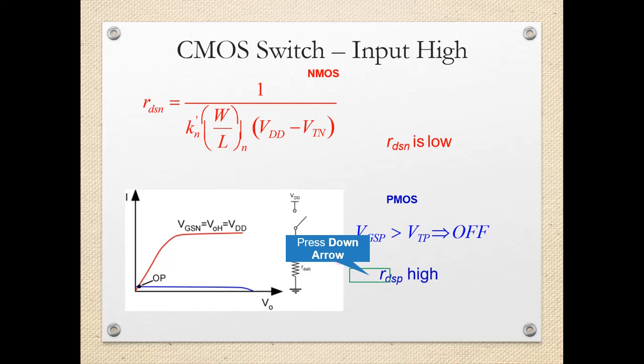NMOS is replaced with its internal resistance, that is very low, RDSN, the drain to source resistance of the NMOSFET, which is very small. So the output will be similar to a device grounded through this RDSN. So output VO will be equal to logic 0.